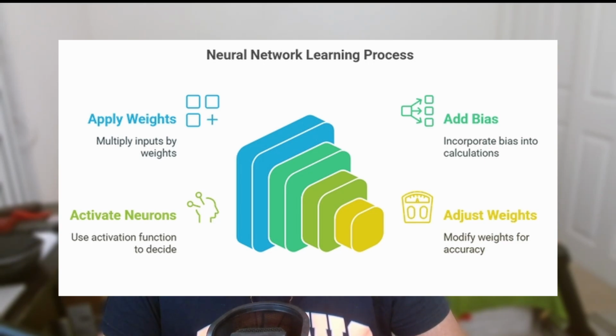So after the bias, they apply an activation function, which in this case would be ReLU or sigmoid, like we've discussed earlier, to determine whether to light up or remain inactive. And then during the training, the network adjusts these weights and biases to improve its accuracy in providing correct answers.